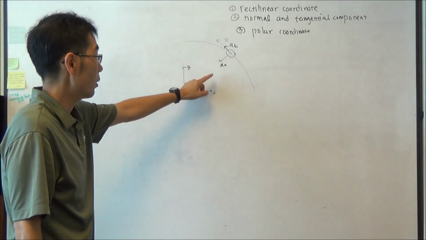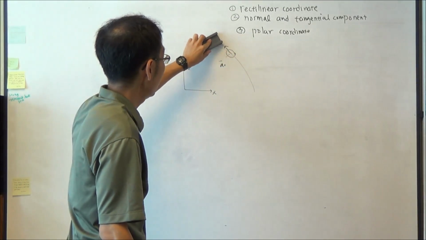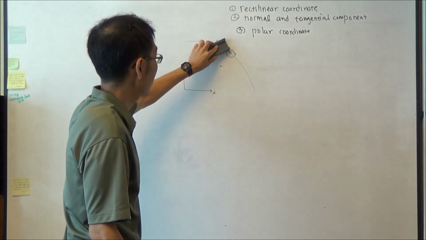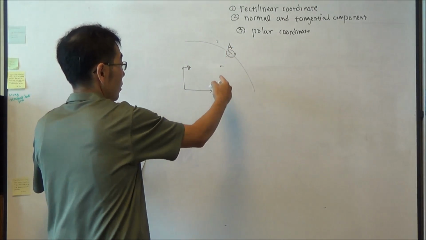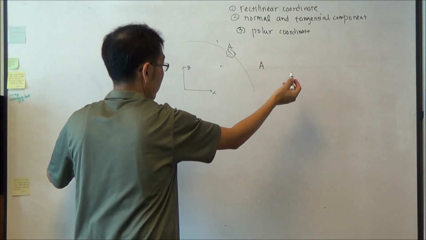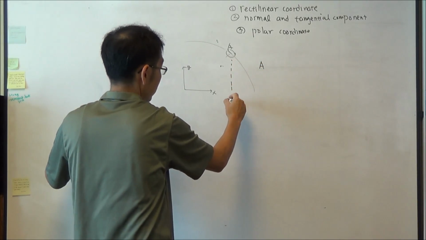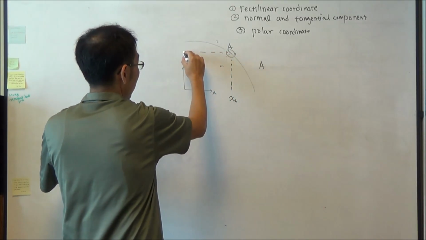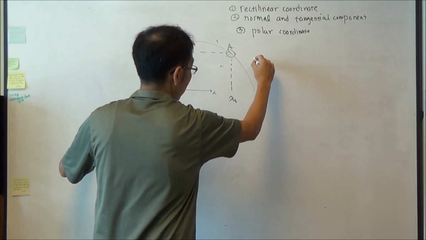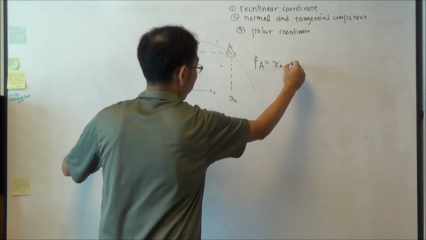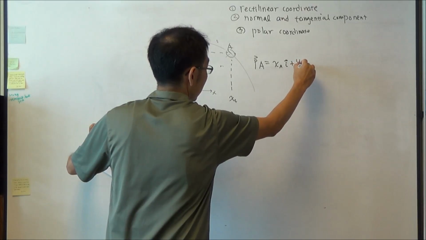So in order to locate the position of any object, this is A. So your A position is x_A and y_A, right?